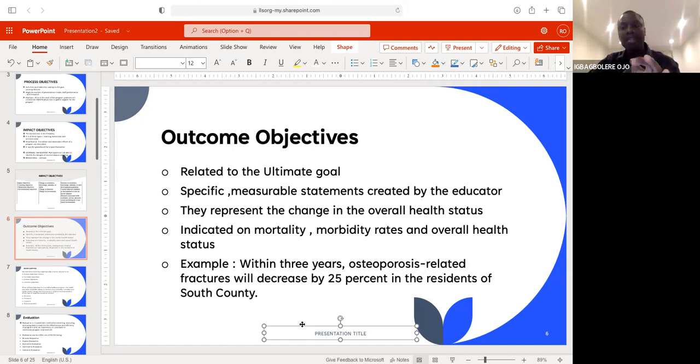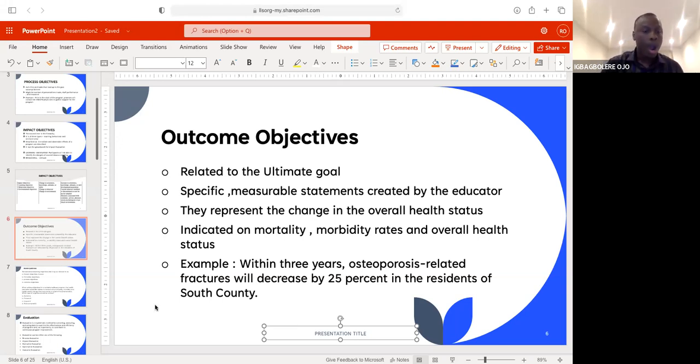So the 3 indices are well represented. So for an objective to be an outcome objective, the 3 indices of mortality, morbidity, and overall health status must be well represented. Must be well represented.